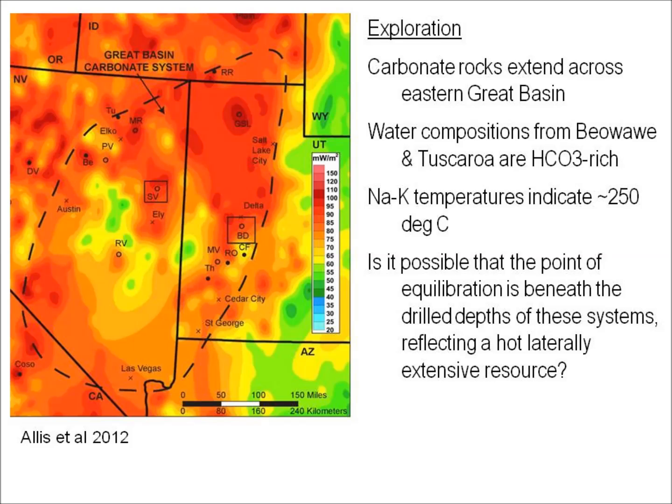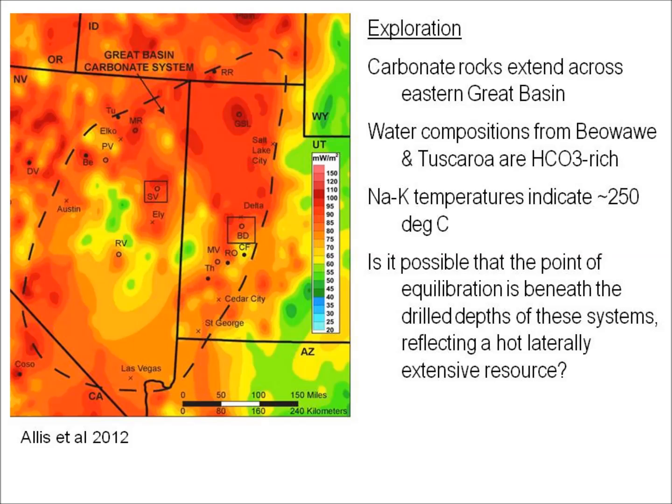This is a map that Rick Allis published last year, I think. He shows, just in the Great Basin, the extent of the carbonate rocks that could possibly form geothermal reservoirs. Over here are the Beowawe and Tuscarora geothermal fields. There's another one that's blind, in a mine called Midas up here.